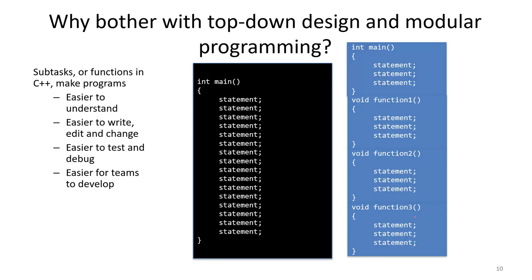So why do we bother with this stuff? Here's two examples of some programs that you might be writing. So up to this point in the class, we have been primarily writing most of our code inside the main function. And it turns out that that's not how programmers actually write their programs.